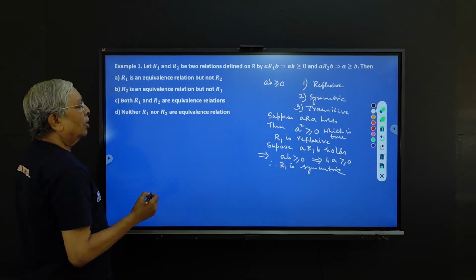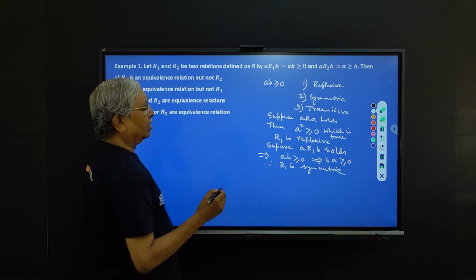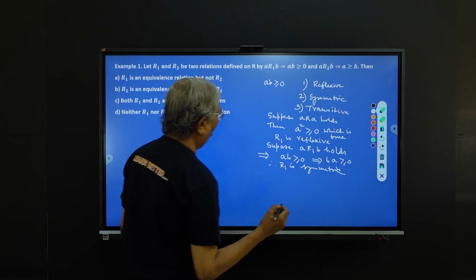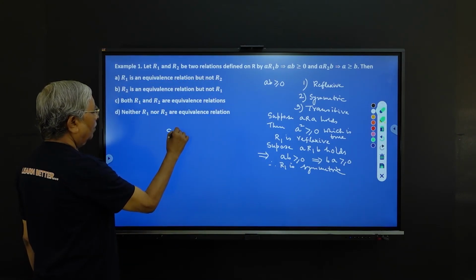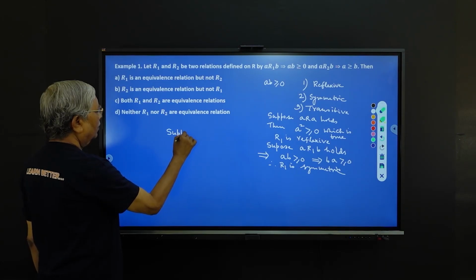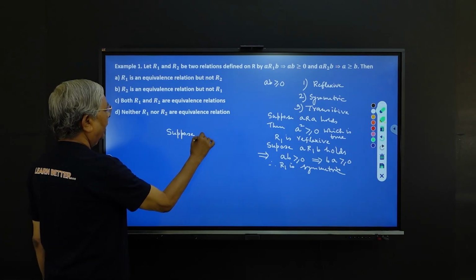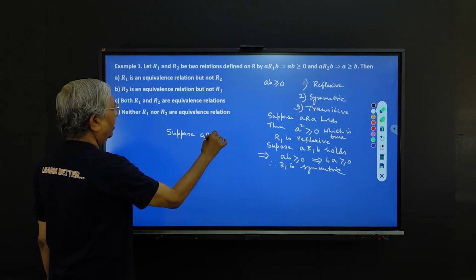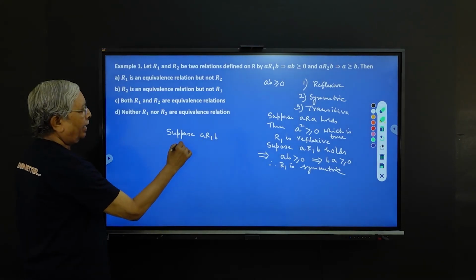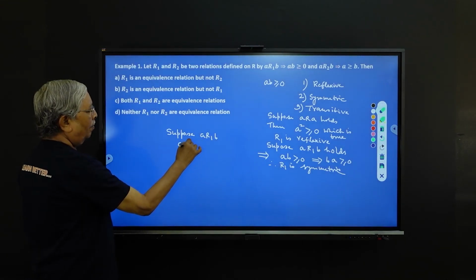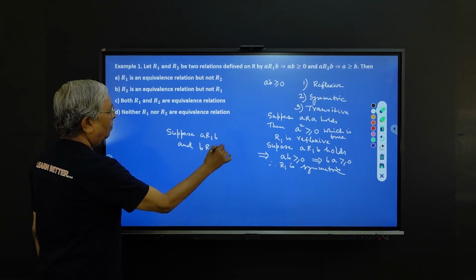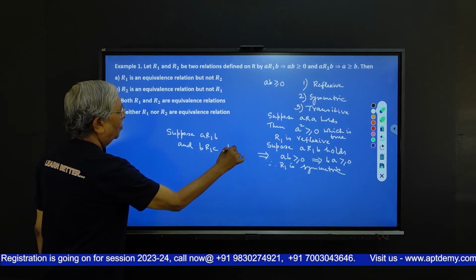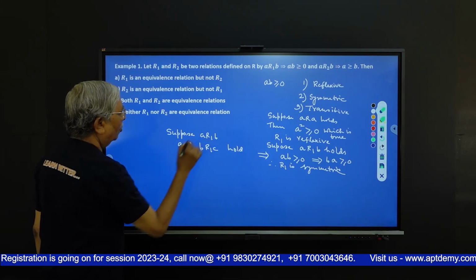Next, to show whether transitivity holds or not, suppose a R1 b and b R1 c hold.